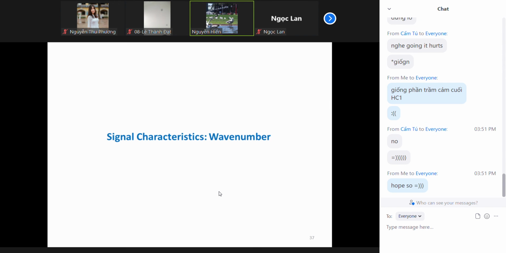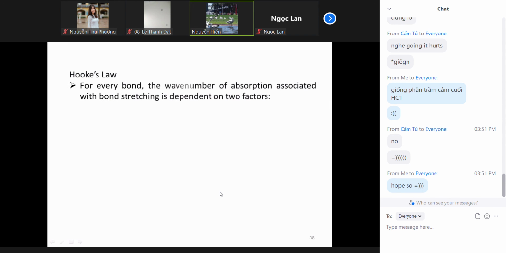Okay, so signal characteristics. The first characteristic is wave number. So remember, the wave number tells you the position of the signals. First, you have to imagine that your bonds look like springs.